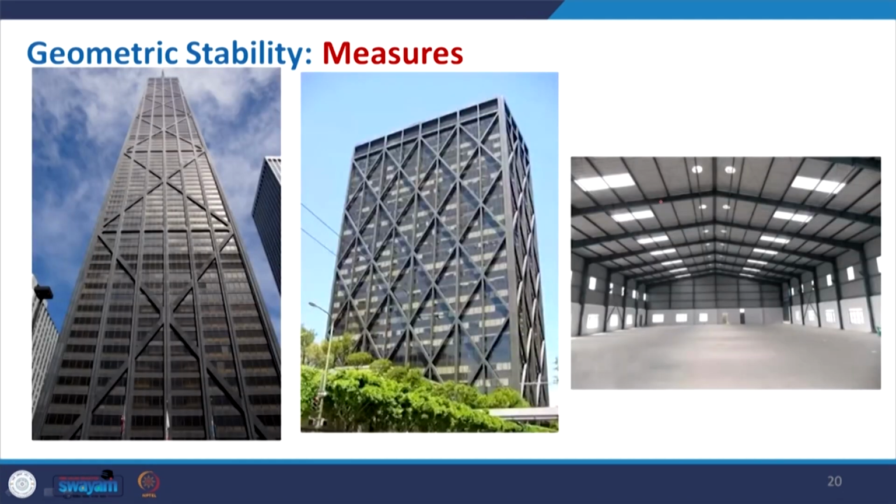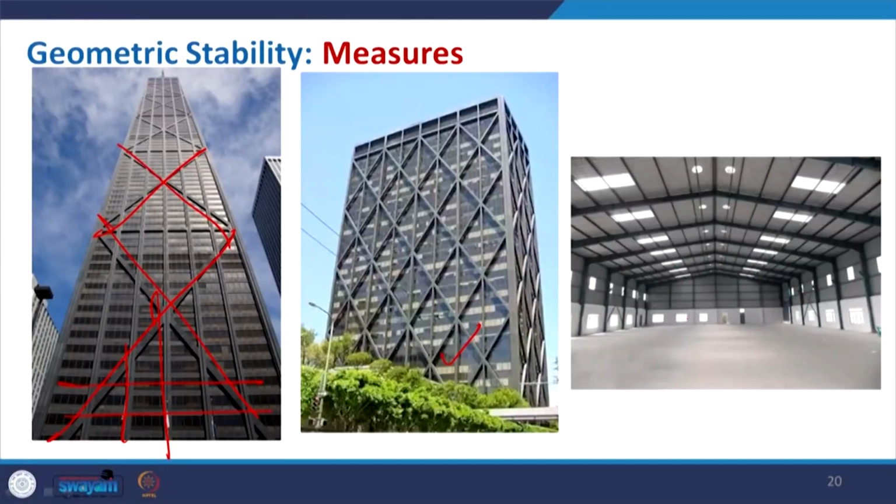In this case, if you see that this is a high rise building, additional to your vertical and horizontal members, beam and column members, the frame, they also use this particular bracing to give extra support to resist against the lateral load. And here you can see this is the rigid frame at this corner.